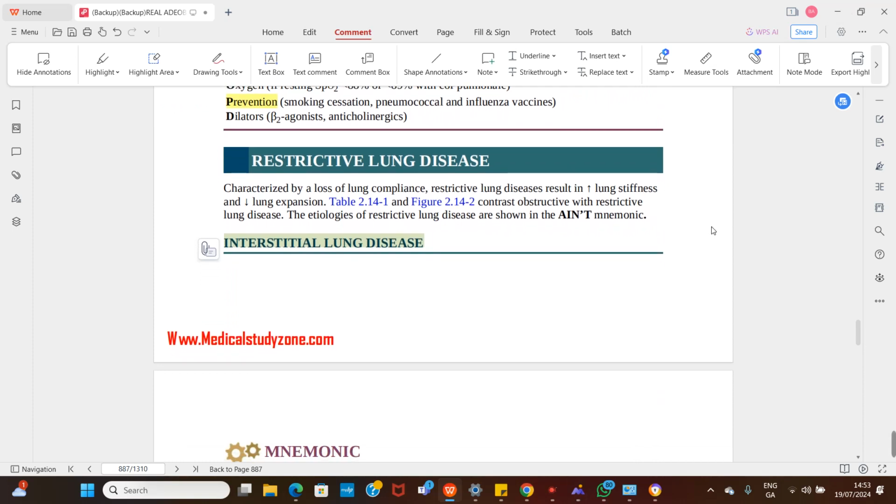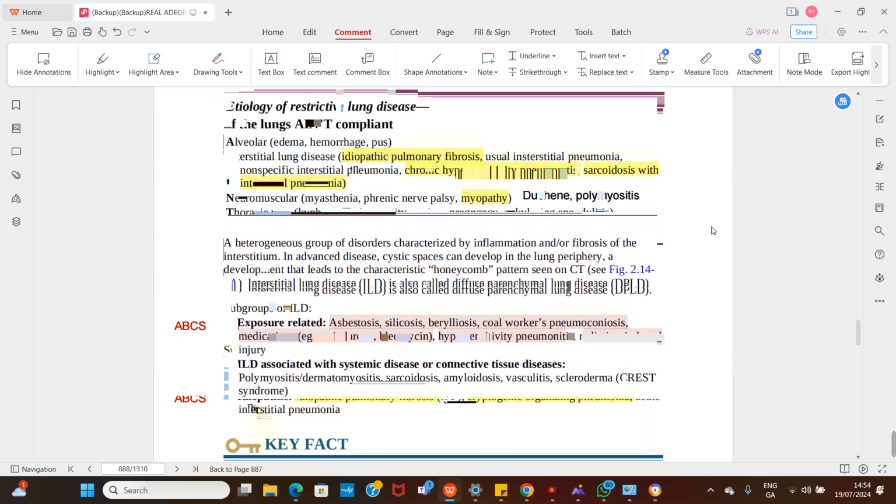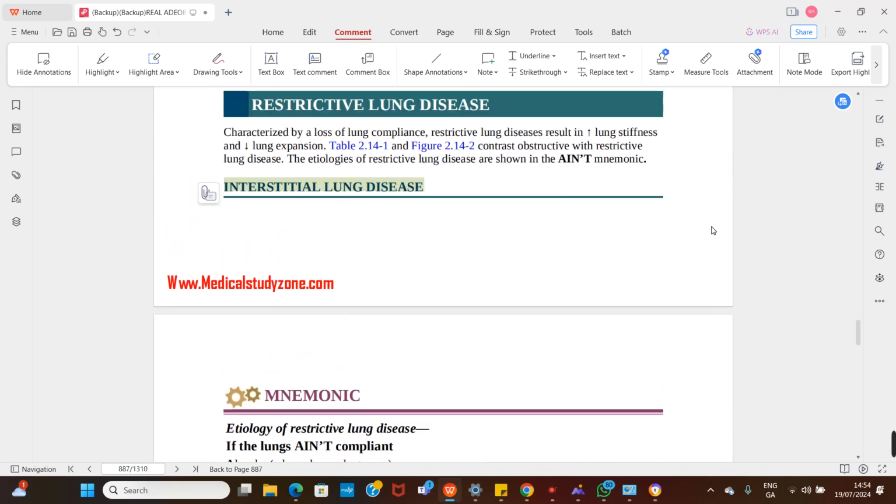So moving on to restrictive lung disease. This is just a problem of lung compliance. The lungs cannot stretch. I was discussing with somebody who went for the Step 2 and saw a question on restrictive lung disease, interstitial lung disease.